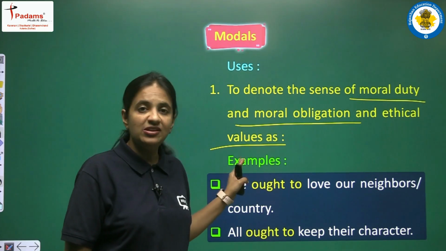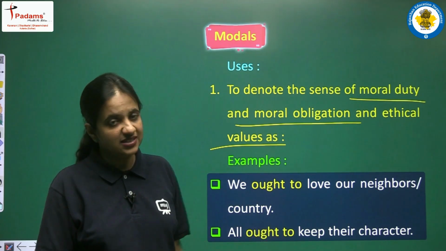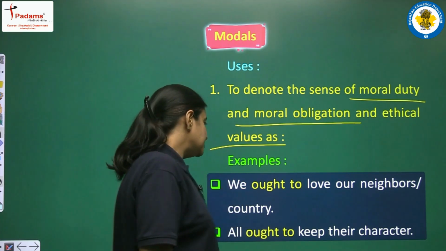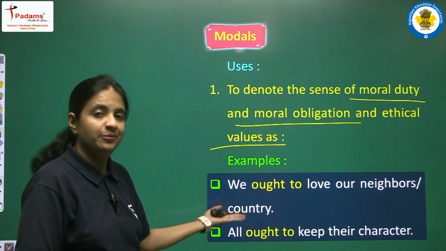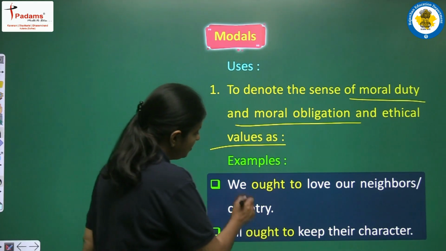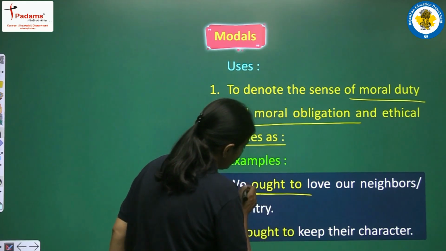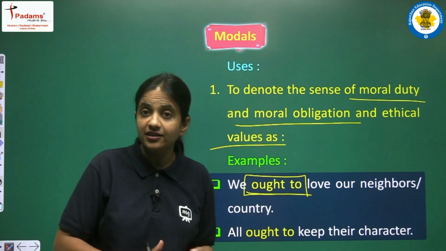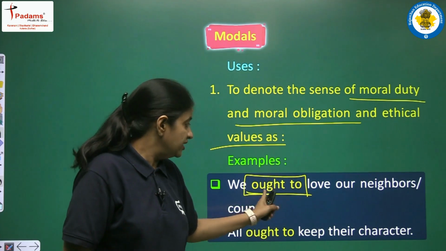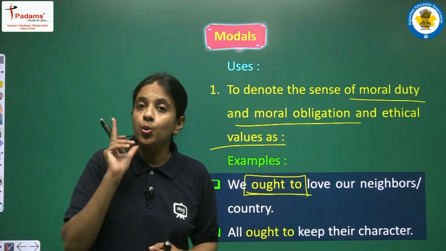And now we have some examples here to clear this thing. So let's read. The first example is, we ought to love our neighbors, or there can be country also. So here we can see first of all that we have to use these two words ought to together, because these two words make one modal.